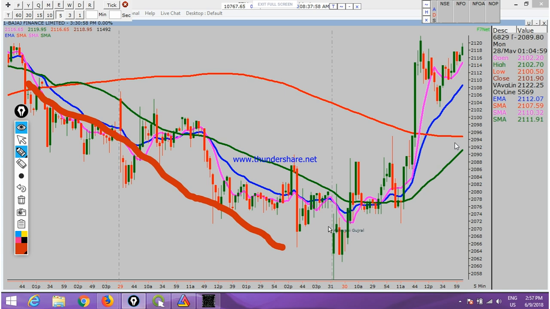What happened here? It opened lower, went up, bears tried to hammer it again, couldn't succeed. So this is smelling like a false breakdown. And as you can see how this guy went up.